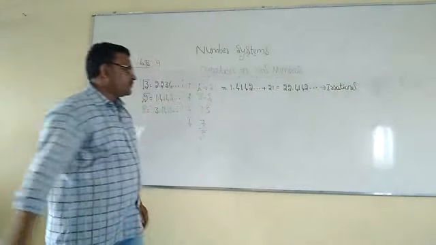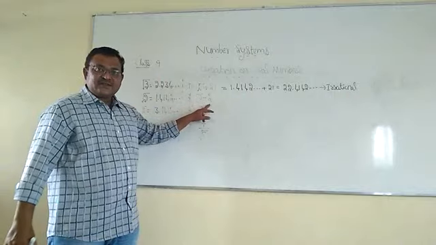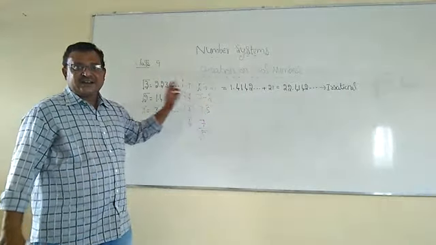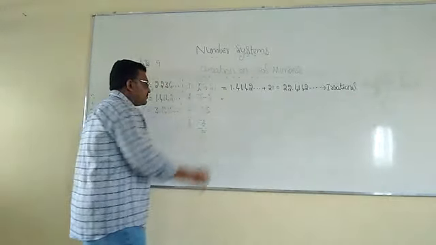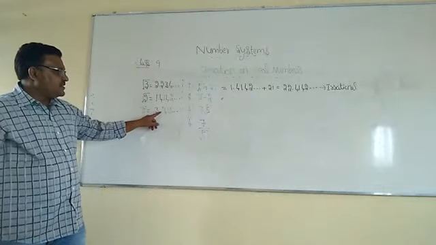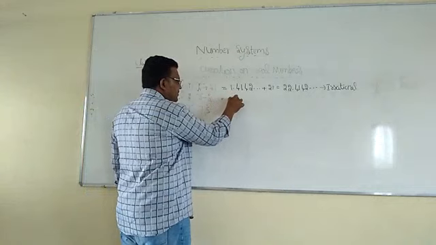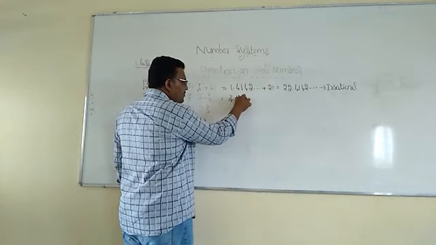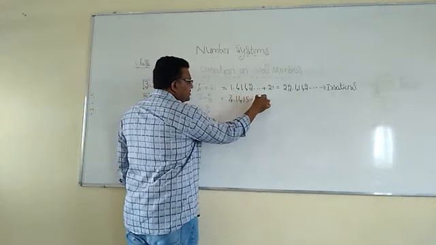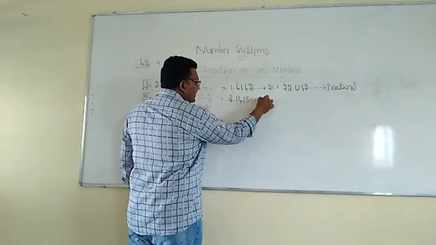Irrational. Then after that, pi minus 2, subtraction of rational and irrational. Pi value approximately 3.1415 and so on. 3.1415 and so on minus 2.